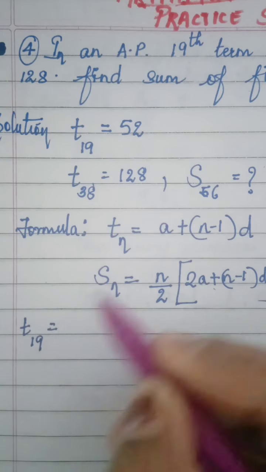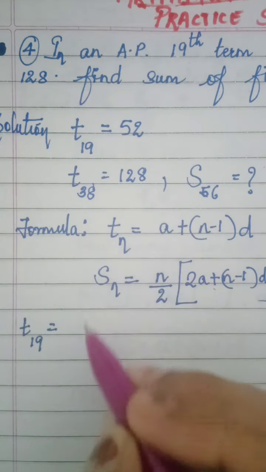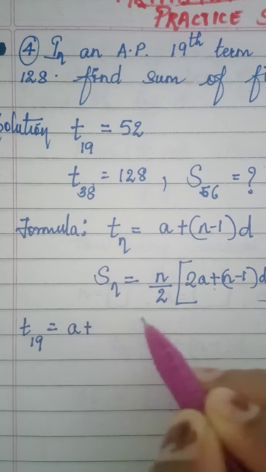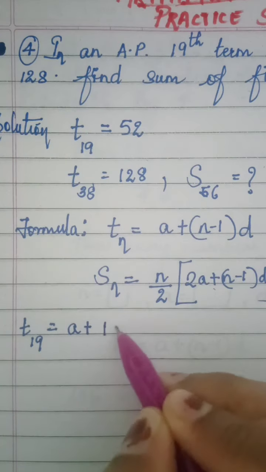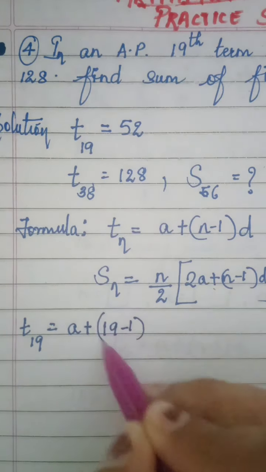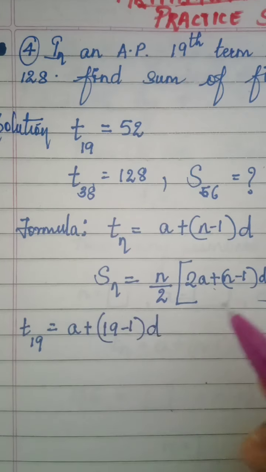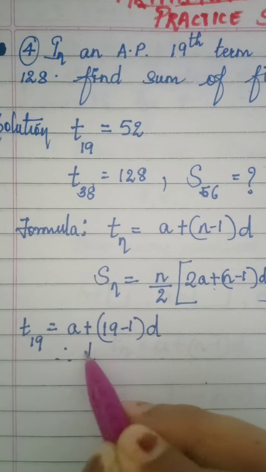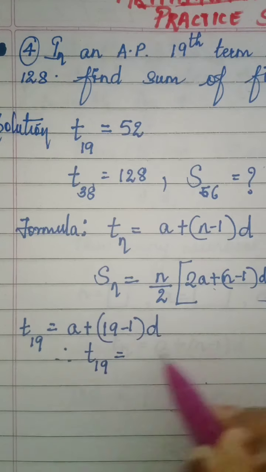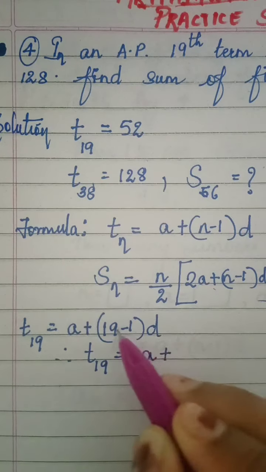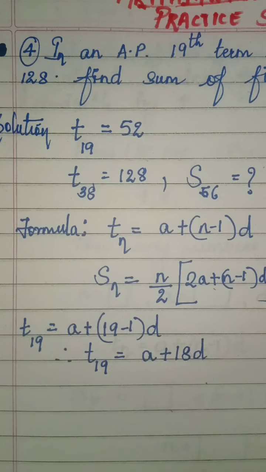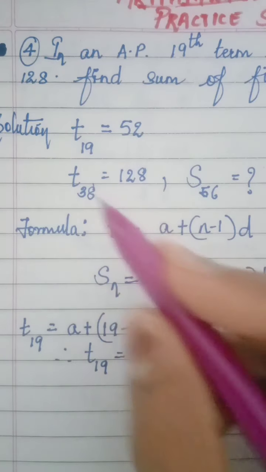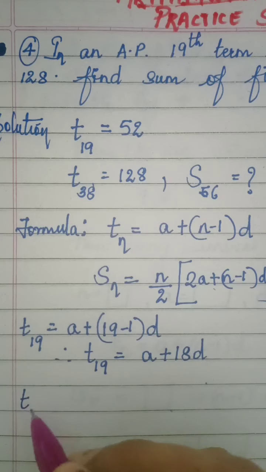T19 is equal to, in place of n I put 19. A plus, we don't know A. What is n? N is 19. 19 minus 1 multiplied by D. D we don't know. So therefore, T19 is equal to A plus 19 minus 1 is 18 and D, 18D. Same way I will get for 38th term.